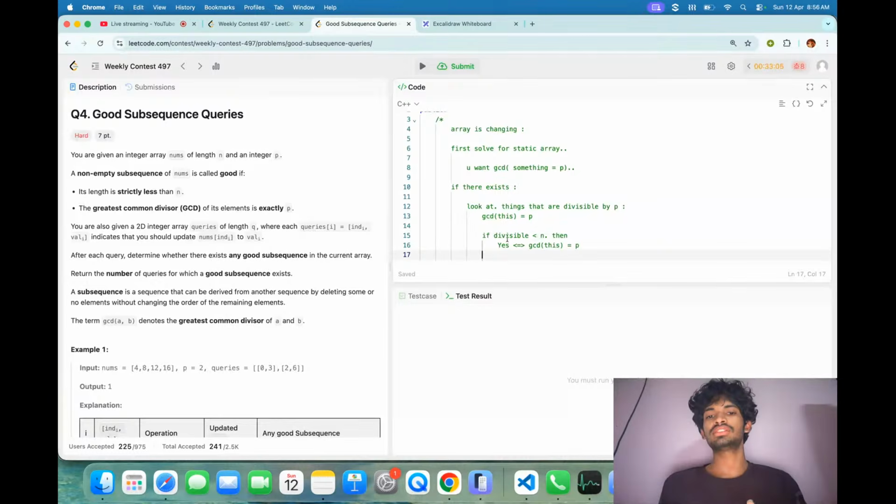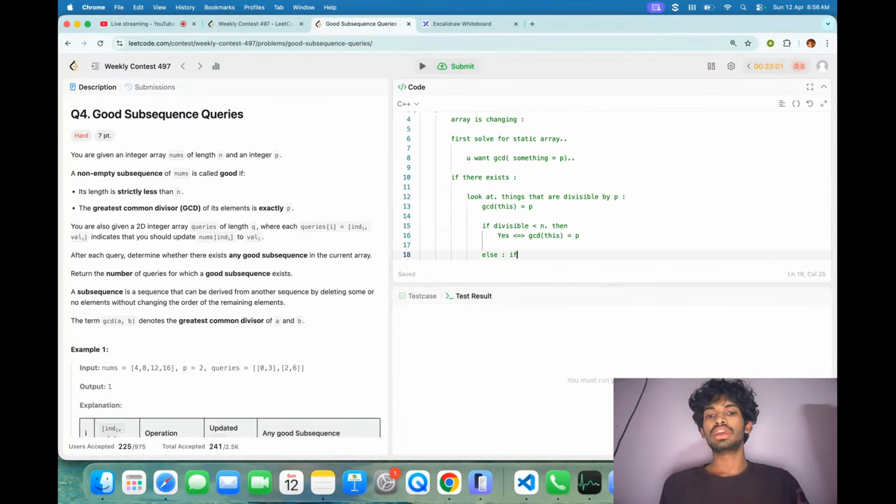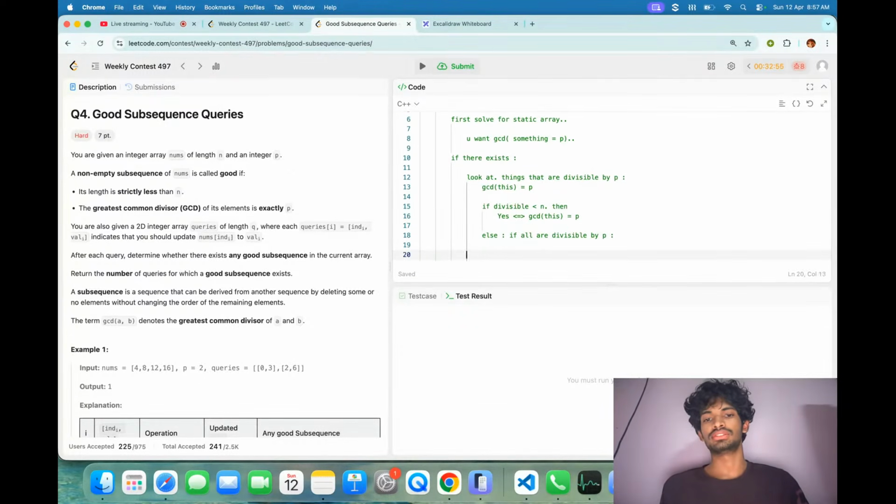I'm using the necessary condition and I'm trying to use sufficient here to simplify the code. Else, if all are divisible by P, we have to be a bit more careful in this case. Can you remove one thing and have GCD equal to P?